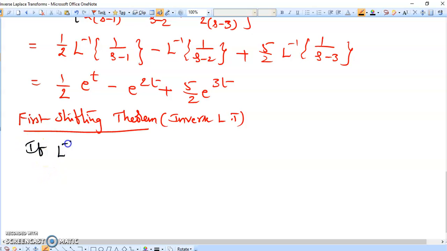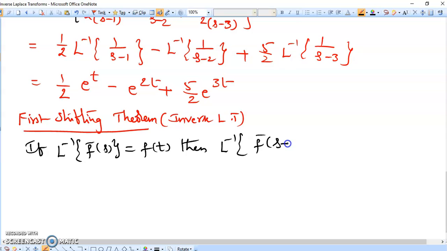If L inverse of f bar of s equal to f of t, okay, then L inverse of f bar of s minus a, okay, this is equal to e power at into f of t. This is the first shifting theorem in the inverse Laplace transform.